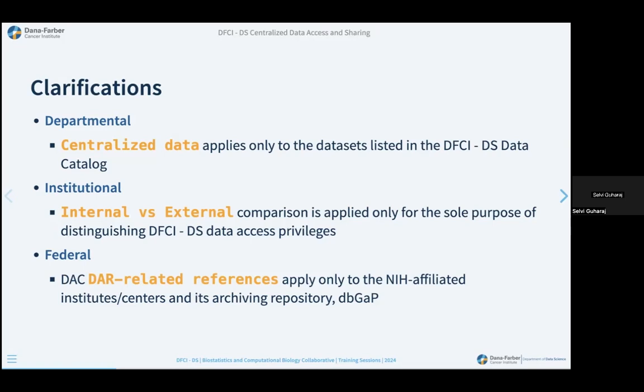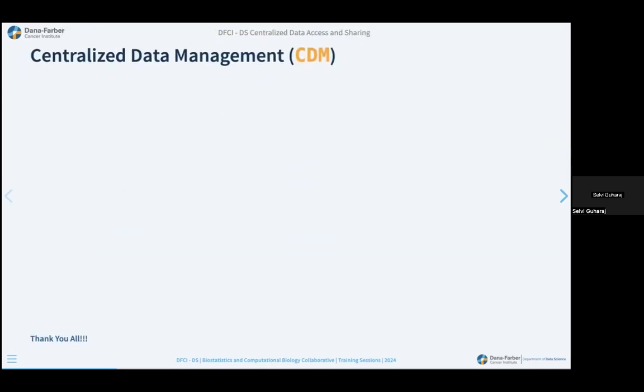Even though the access and sharing principles are common, there might be some variation that I will point out as I go down the slides. Those are some of the clarifications I would like to make.